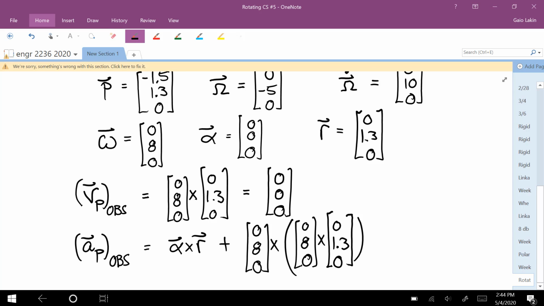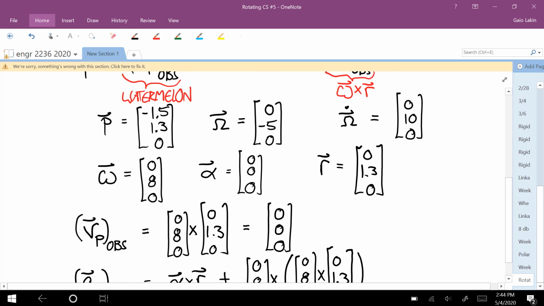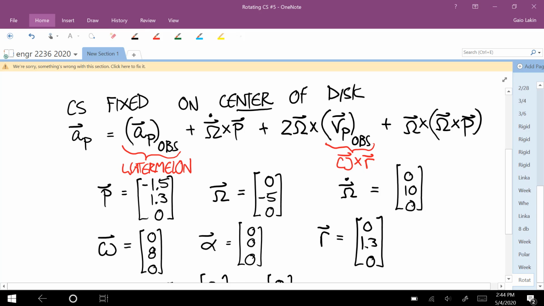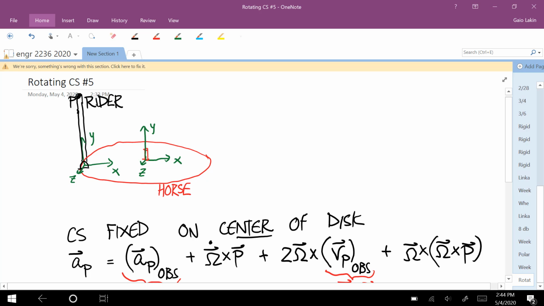Oh, no, I'm sorry. The mistake that I made is my angular velocity of the body, of the arm, is not parallel to the y. It's not rotating about the y-axis. That would be like spinning about its long axis. In this coordinate system, forgetting about the motion of the disk for a second, that arm is rotating about the z-axis.